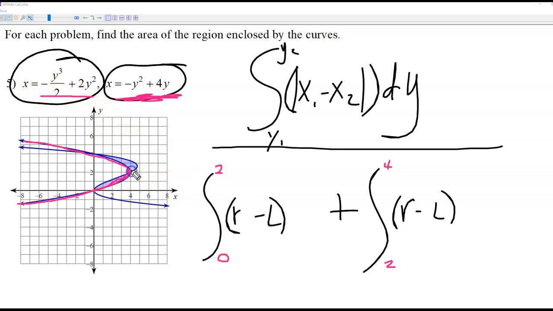But after they cross, now the blue one, the cubic function, is further to the right, so it'll be this function minus this one. So if you were setting this up, I'm going to call this 1, I'm going to call this 2. For the first one, x1 is farther to the right than x2. And for the other one, it reverses.